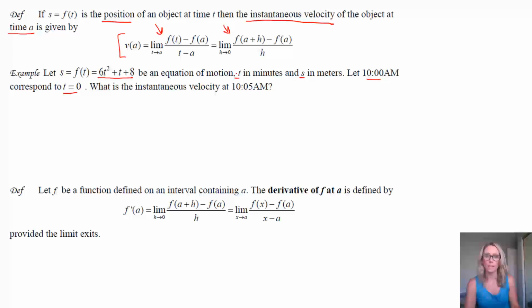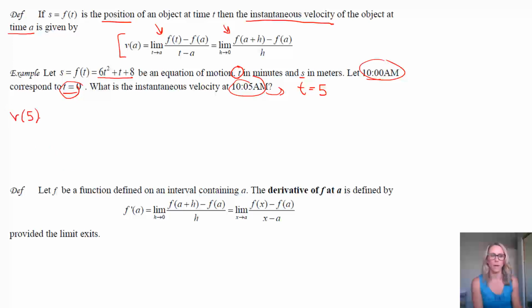Because t is in minutes, and because t equals 0 is 10 a.m., how many minutes is 10:05 a.m.? T equals 5. Okay, so what we're trying to find here basically is v of 5.